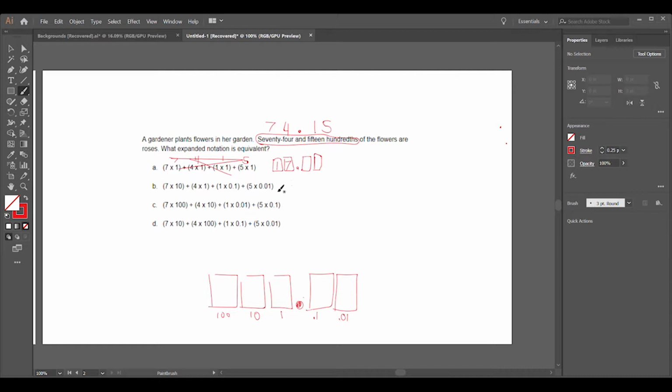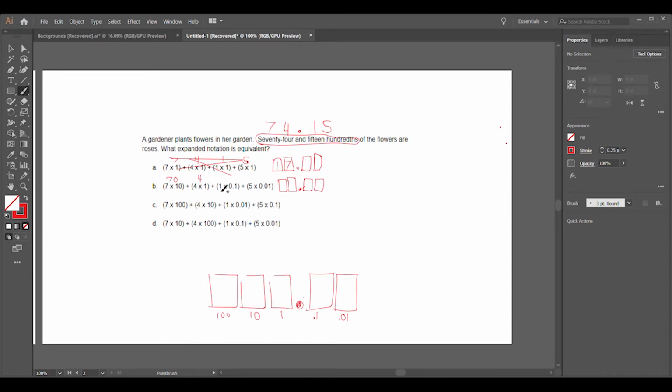Alright, take a look at this one. Let me go ahead and make my place value boxes. That is always a really good tool to use. That way, if you're still confused by it, you can just look down here and see where those numbers go. Here is 7 times 10. That makes 70. Here's a 4 times 1. That makes 4.